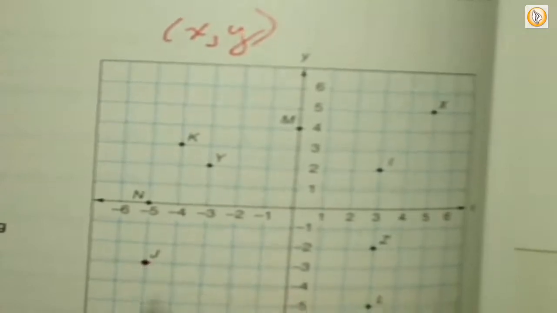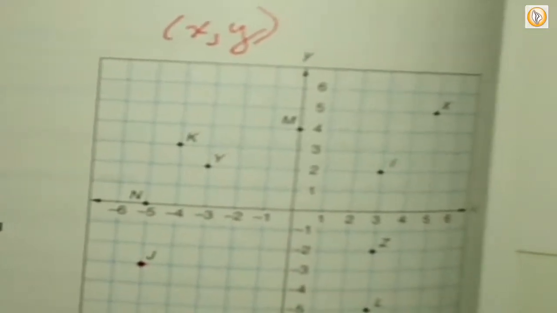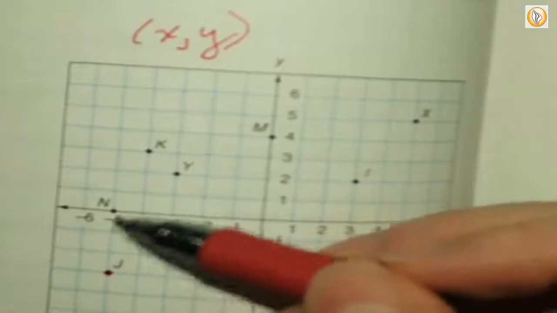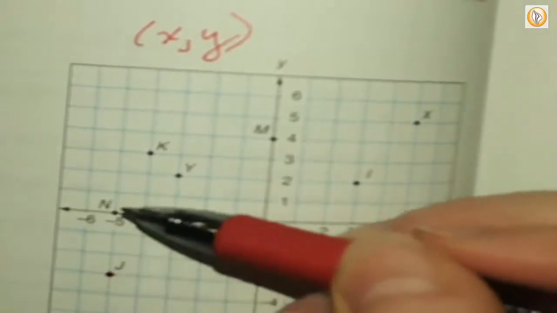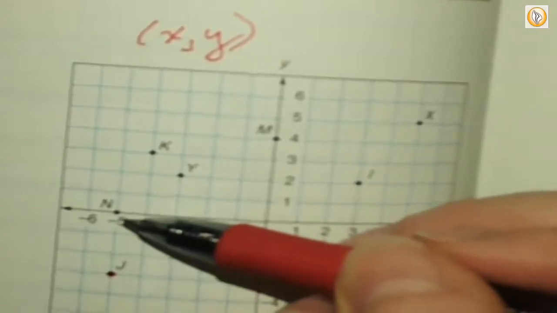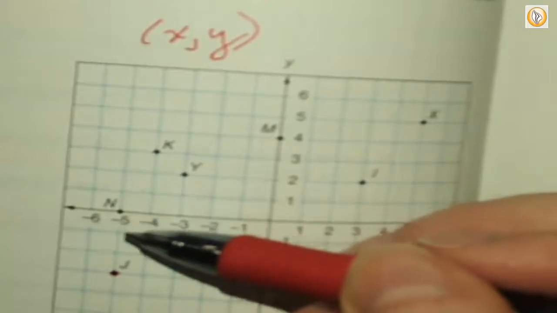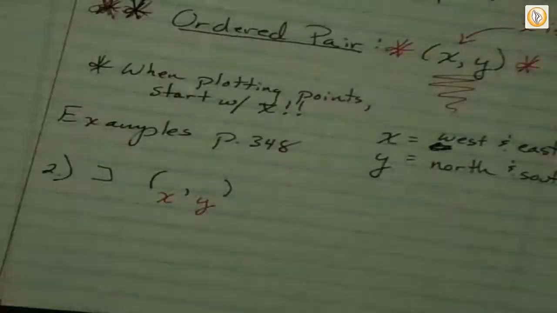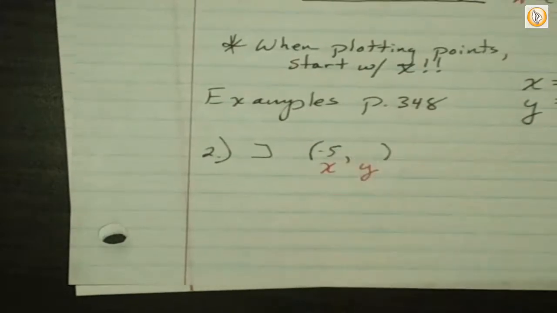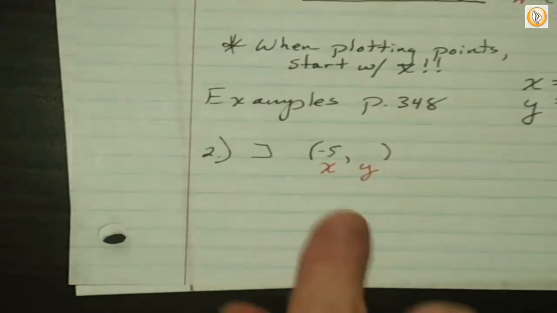All right, so I have J here. Remember, X comes first. Here's your X axis. Here's your J. Where does the J meet on the X? Right here. See how it's on that -5 line? Does everyone see that? Cecilia, do you see it? So that one is going to be -5. It's on that -5 line, so x is -5.